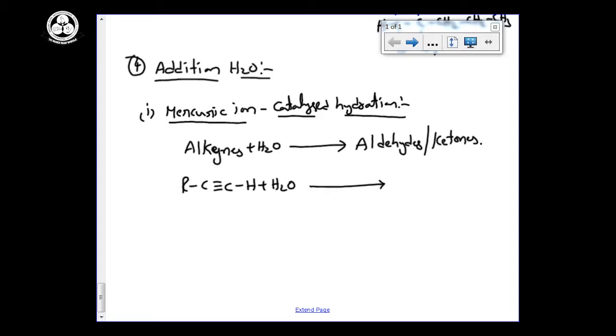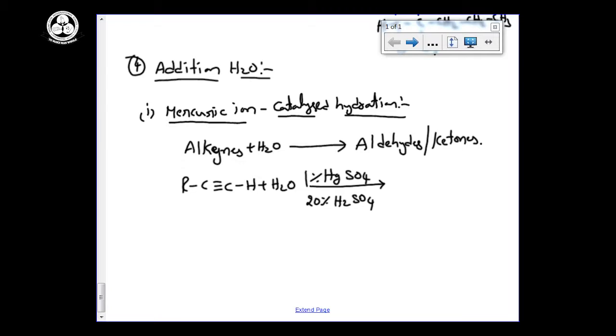I am taking 1% of mercuric sulfate HgSO4 and 20% of H2SO4. In alkenes you can observe acid catalyzed hydrolysis. This is also acid catalyzed hydrolysis, but in the presence of the mercuric ion. That's why its name is called mercuric ion hydrolysis.